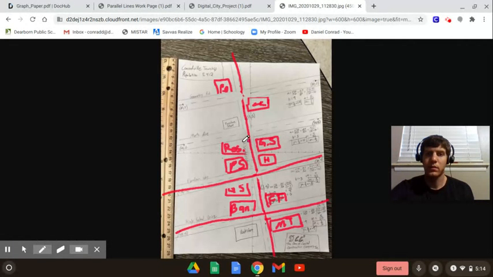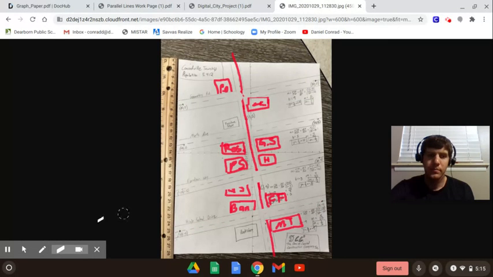So in this case, let's erase our old lines. We're just using this intersection here, right? Those are linear pairs. They're right next to each other, adjacent and supplementary.